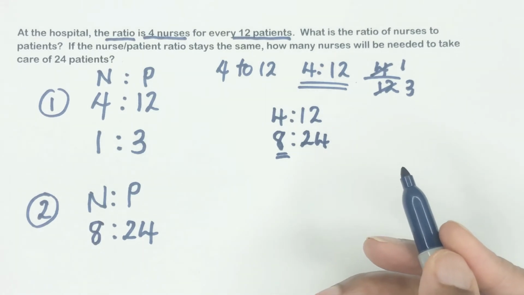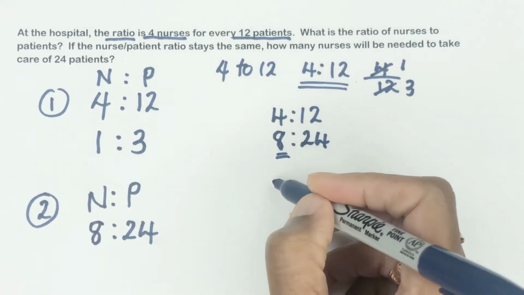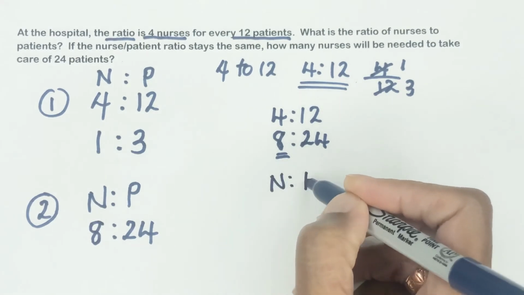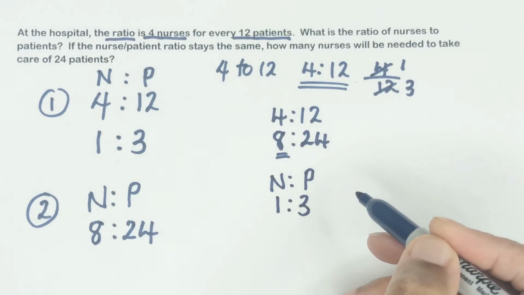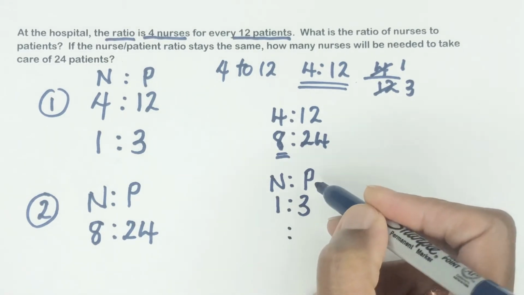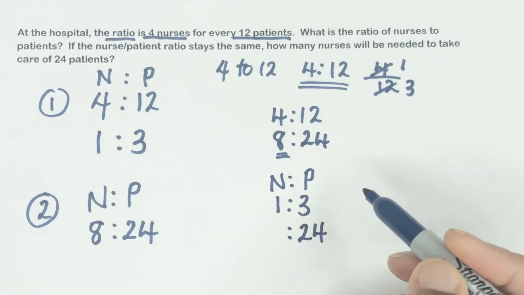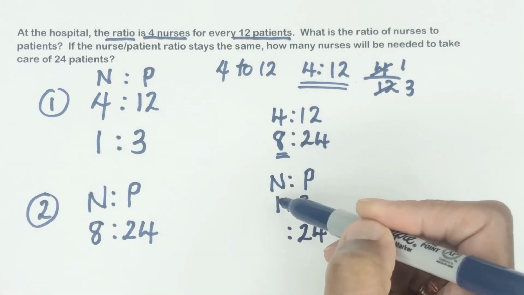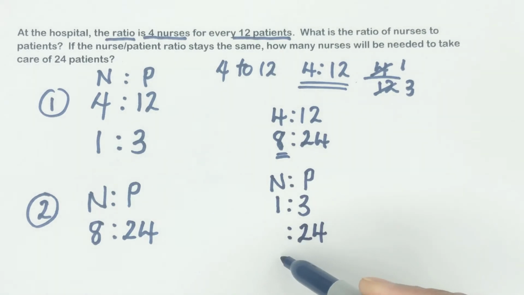Another way that you could do it is if you use the ratio of nurses to patients as 1 to 3. Knowing that the number of patients was 24, you can say to yourself, what 1 times what is 3, and what times 3 is 24?